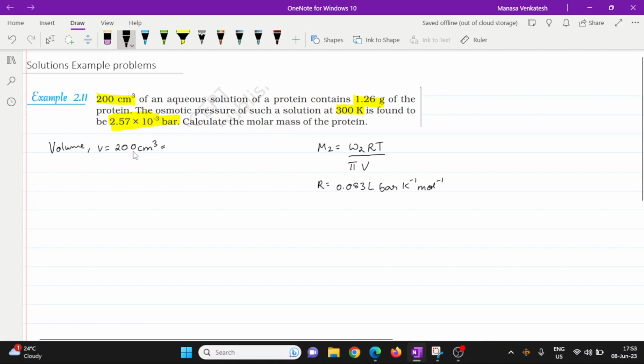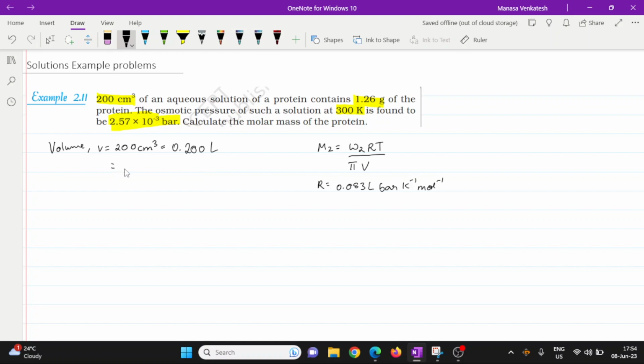So this 200 centimeter cube can be converted to liters by dividing by 1000, to give us 0.200 liters. That's again one of the things that we learned in the previous chapter: 1 centimeter cube is equal to 1 ml, and 1 ml is converted to liters by dividing by 1000.